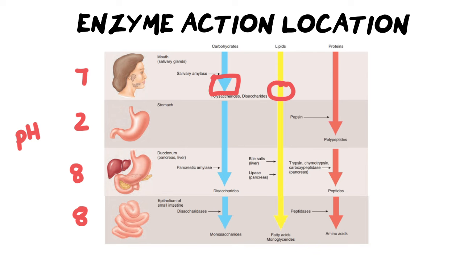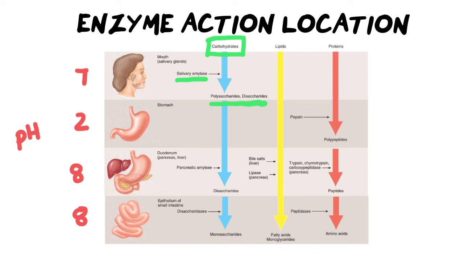And so we need to keep that in mind as we go through this location of enzyme action. Now, we're going to start off with the carbohydrates. Carbohydrates begin their enzyme journey in your mouth, and they interact with salivary amylase, which loves a pH of 7, and they become polysaccharides and disaccharides.